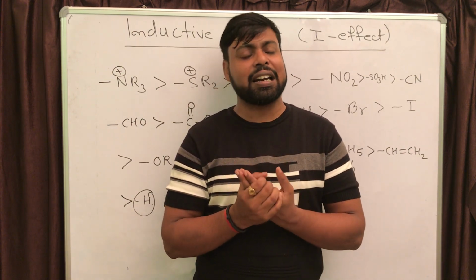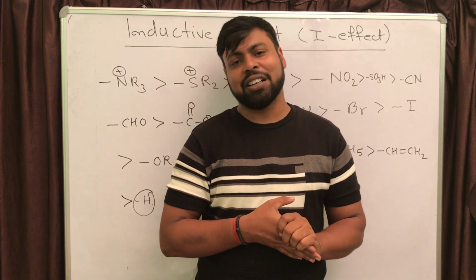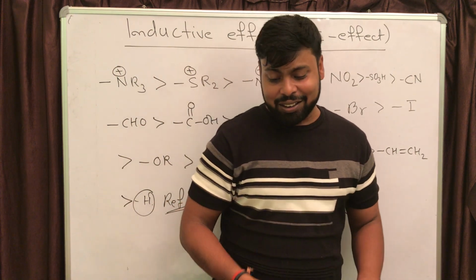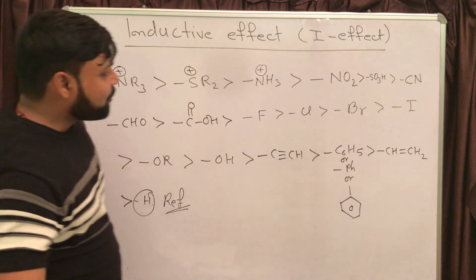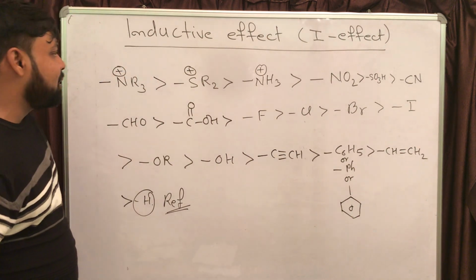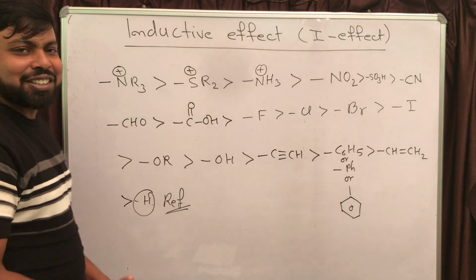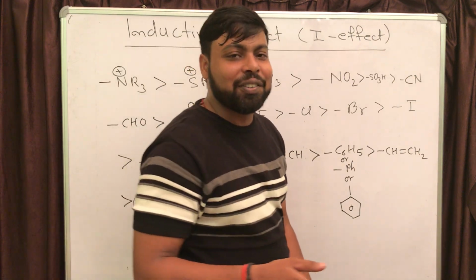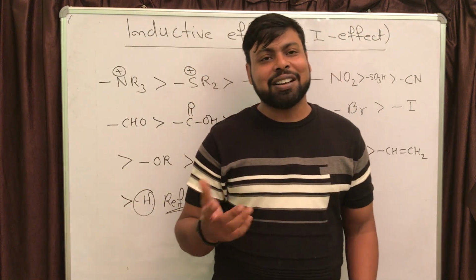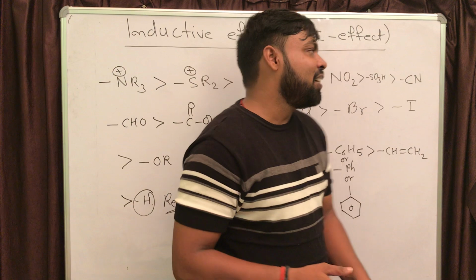It is not directly based on electronegativity. You should be very clear about that, right? Now we are clear with the inductive effect, the definition of inductive effect, and the types: plus I effect, minus I effect, and also the series.